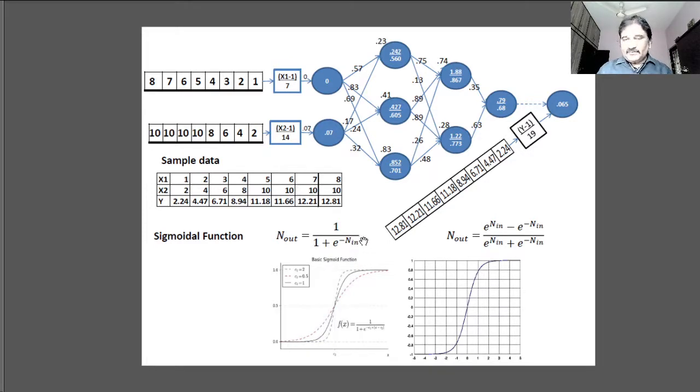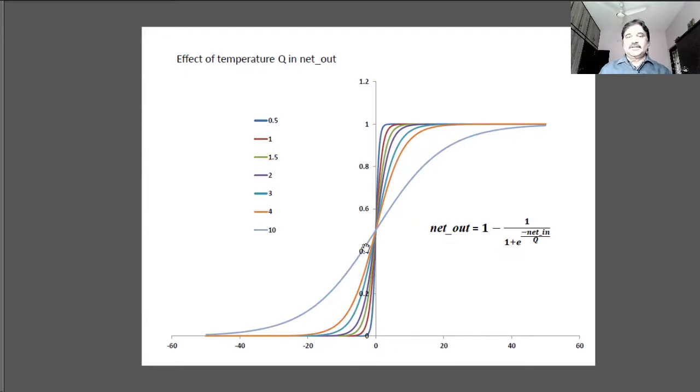There is one denominator to this n in, that is called Q, and that is referred to as temperature. Like written here, net out or n out is equal to 1 upon 1 plus e to the power minus net in or n in by Q. The 1 minus is not that essential here.